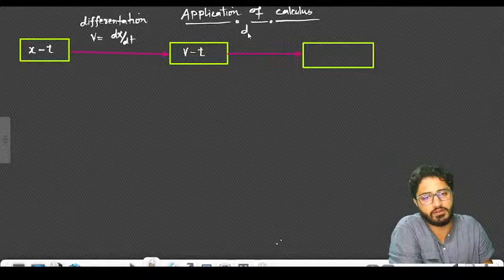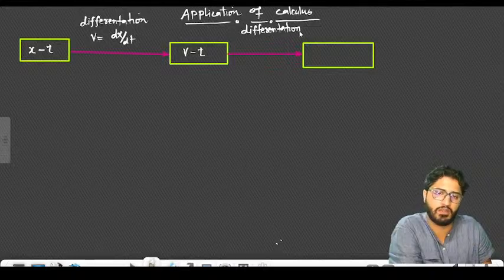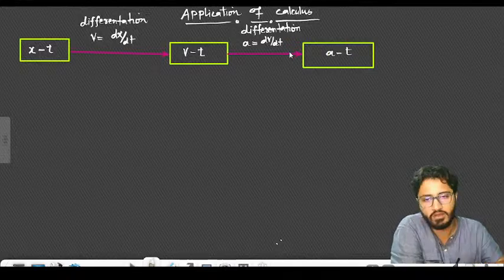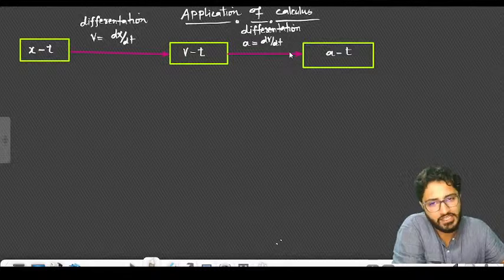If you then do differentiation again, you will find it is v(t). Now we know that a is equal to dv by dt. That means we are getting acceleration versus time. The differentiation of x(t) will give you v(t), and differentiation of v(t) will give you a(t).